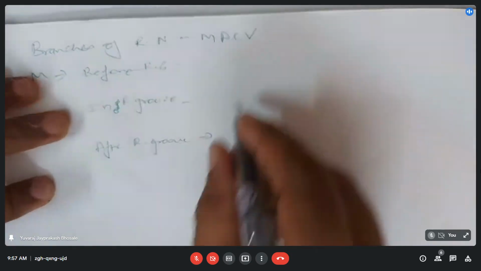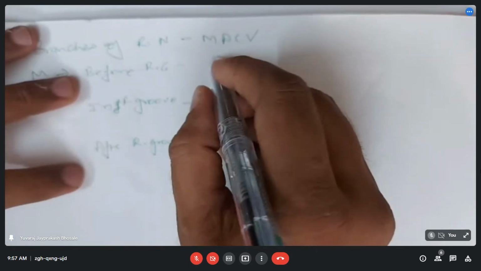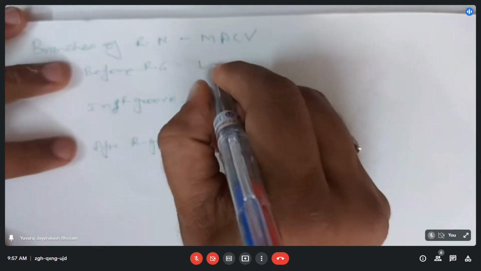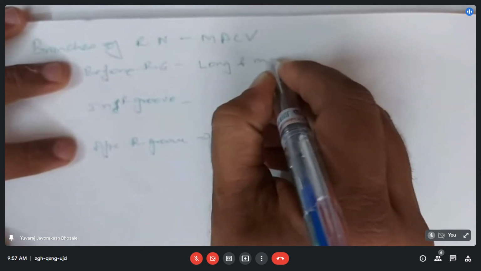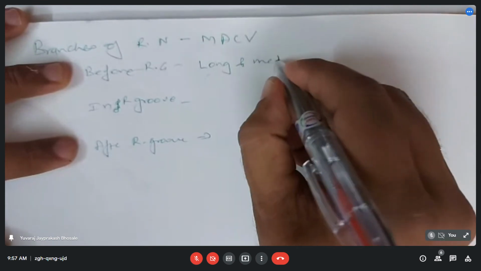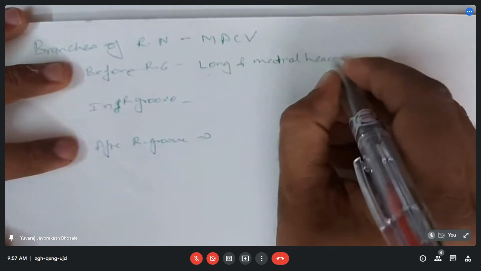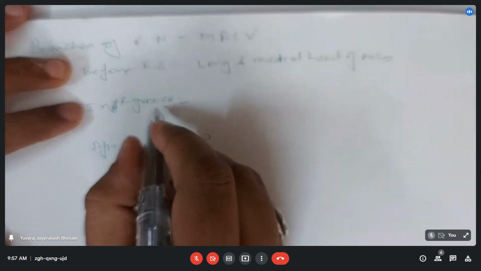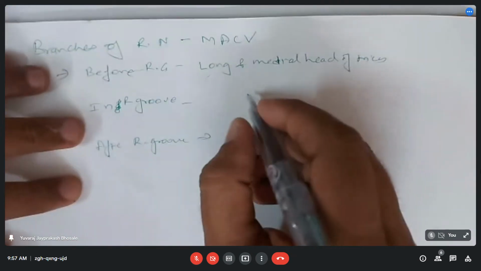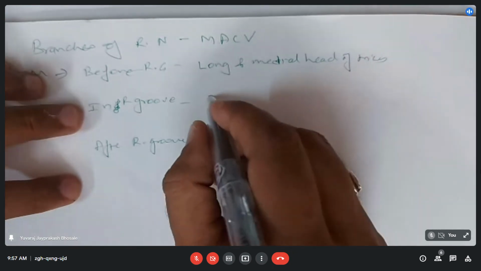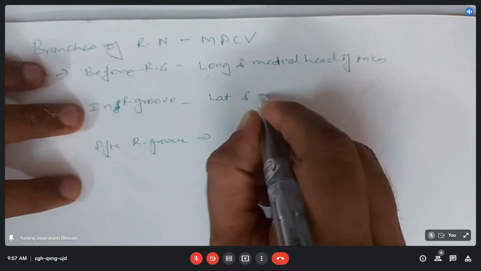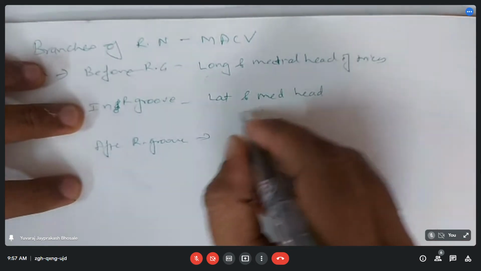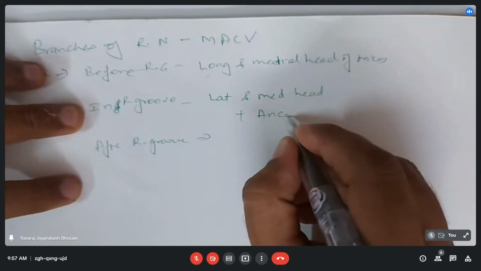Before entering the radial groove, it supplies the long and medial head of triceps. In the radial groove, it supplies the lateral and medial head of triceps plus anconeus.